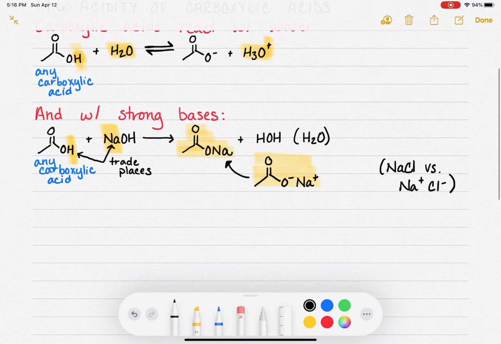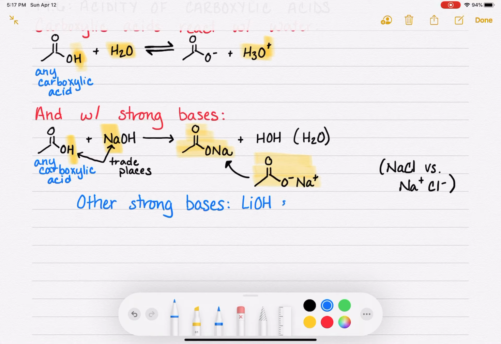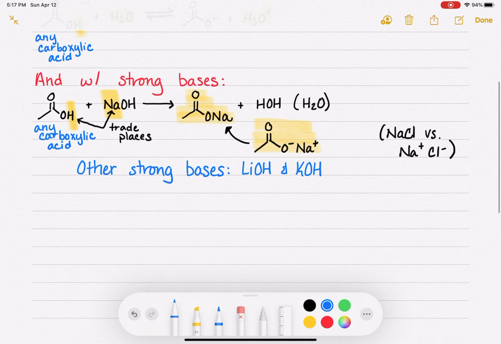Let me give you a list of some other strong bases that you might see. Other strong bases, there's not very many that you would see. Lithium hydroxide, LiOH, and potassium hydroxide, KOH. And I think those two and NaOH are really the only three that you're going to run into.